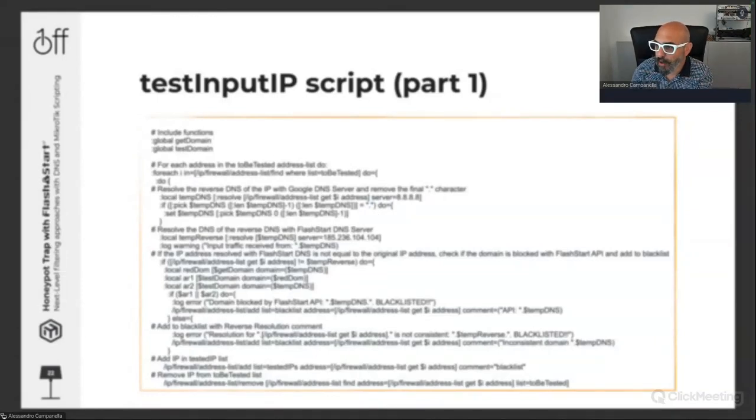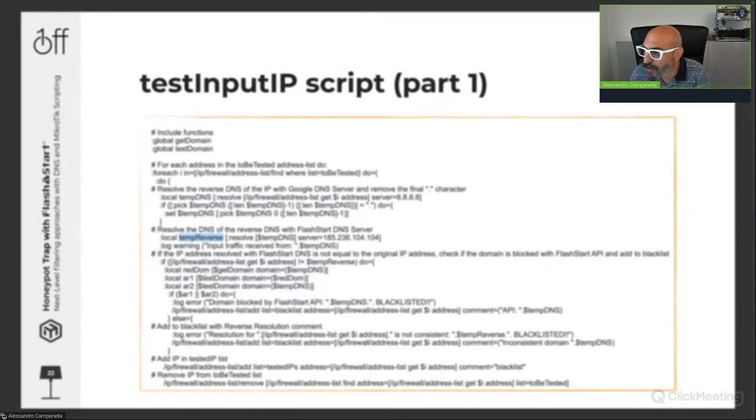Then we want to resolve the DNS for reverse DNS with FlashStart DNS, and we collect the information in the temp reverse variable. After that, if the temp reverse is verified and checked by FlashStart with the APIs.